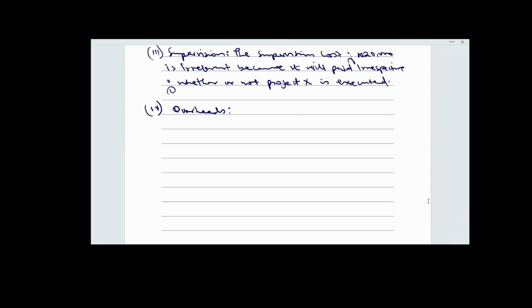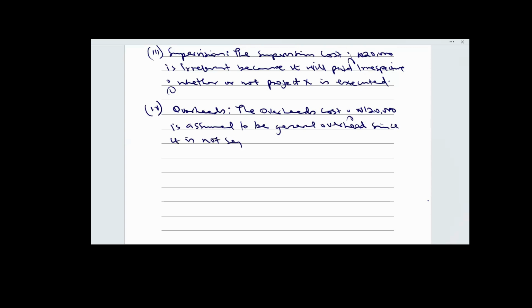So let me put it down. The overhead cost of 120,000 naira is assumed to be general overhead since it is not separated between variable and fixed.